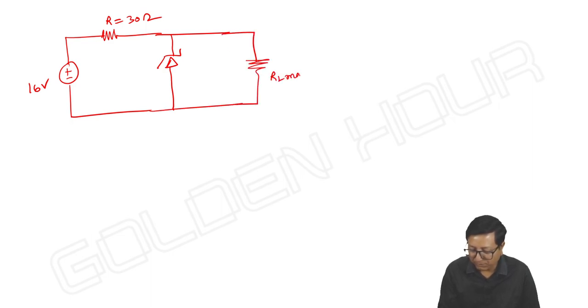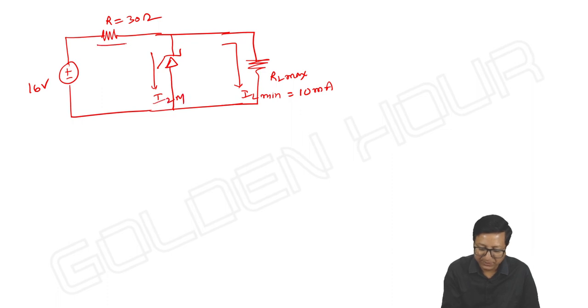As input is maximum, RL is also maximum, so that IL is minimum. Its value is given as, I think, 10 milliampere. And here this is IZM. As input is maximum, I is maximum.